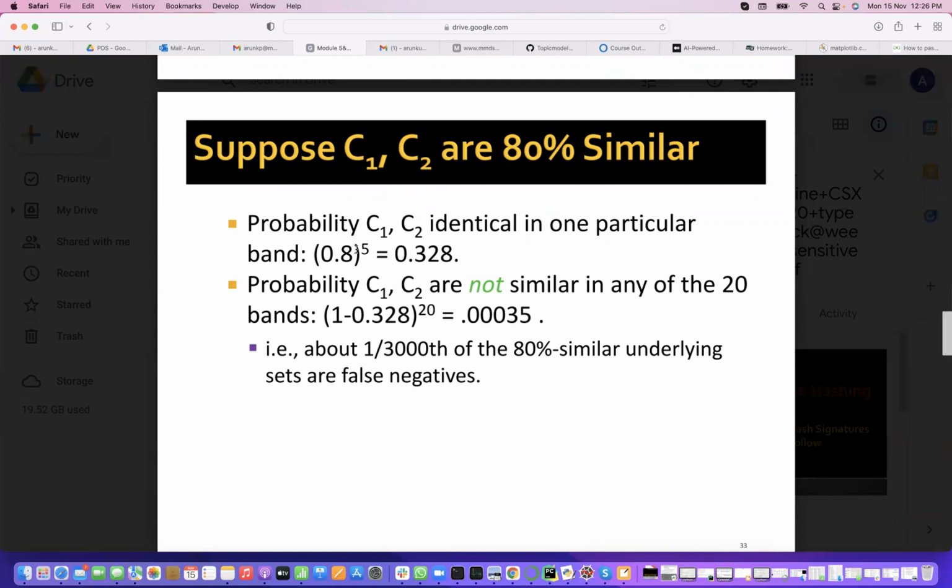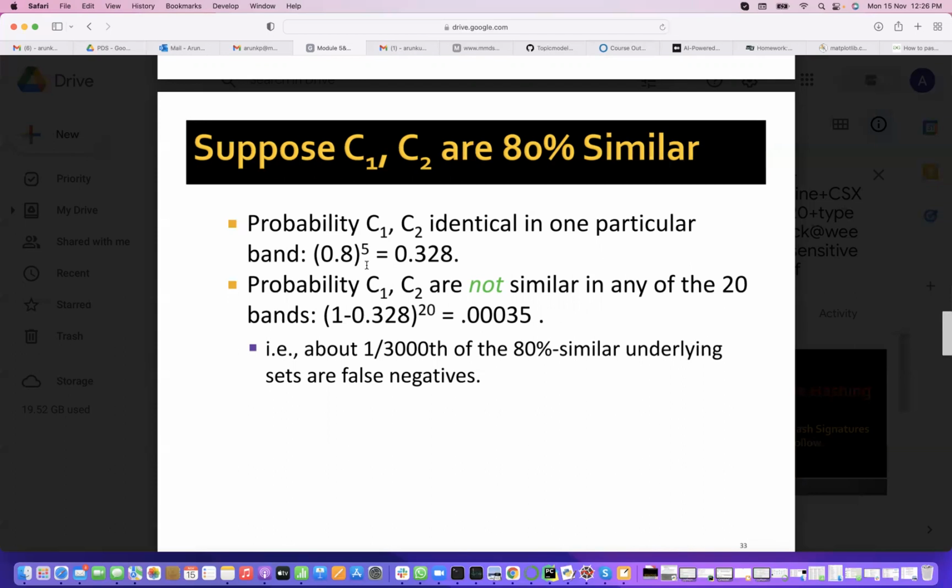How do you get this 0.8 power 5? For the first row to agree, what is the probability? Both agreeing on the first row, there are 5 rows. 0.8. Each row agreeing with the corresponding row in the other column has probability 0.8. The second row in that band agreeing is 0.8. 5 rows continuously agreeing.